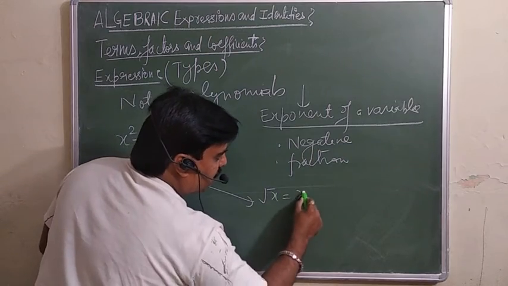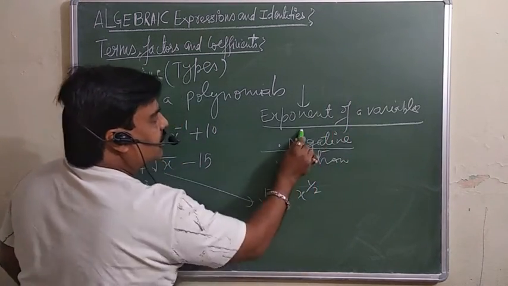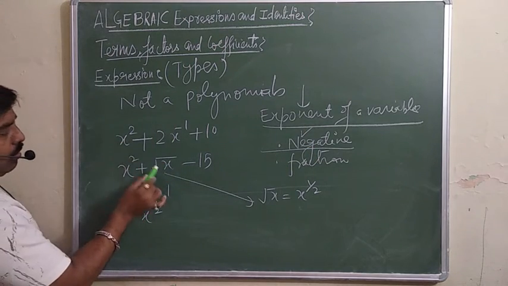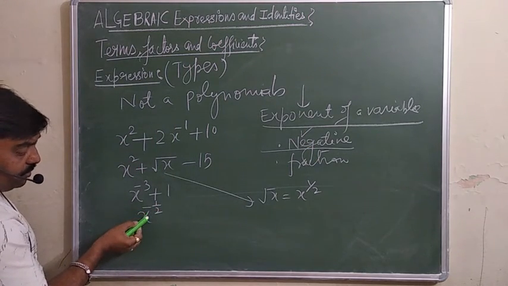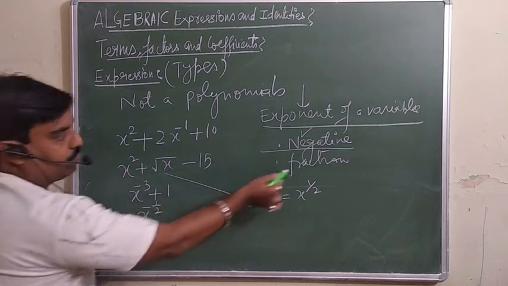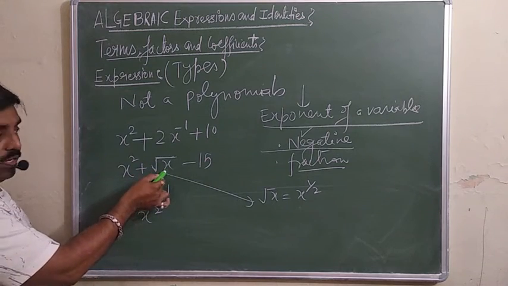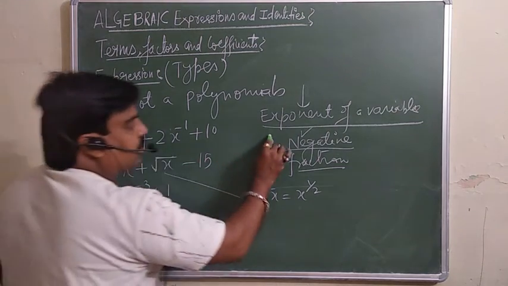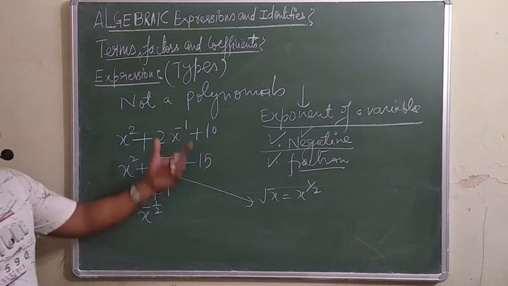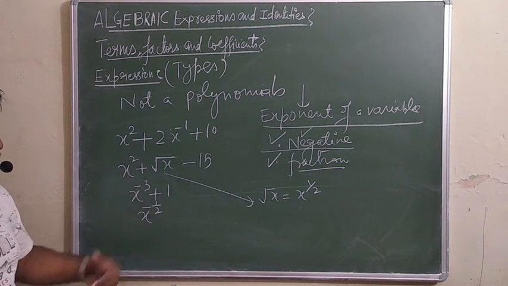This is equal to actually x raised to power 1 over 2. So if the exponent of any variable is negative, or the exponent is in the form of a fraction, or any variable is given inside the radical sign, these are not polynomials. अगर इनमें से कोई भी एक है तो they are not polynomials. So this is not a polynomial, this is not a polynomial, this is not a polynomial.